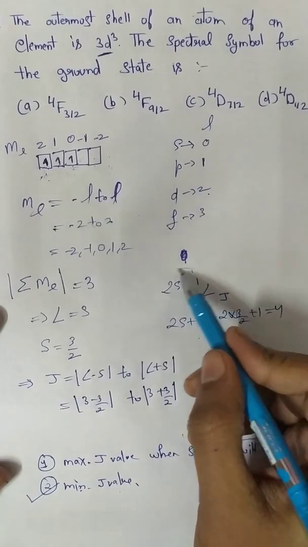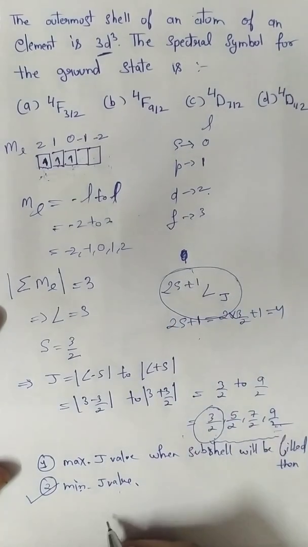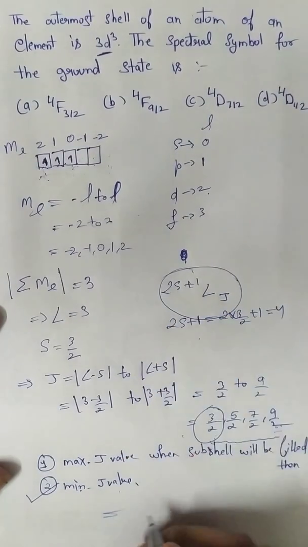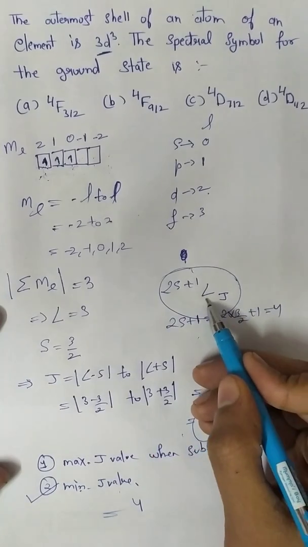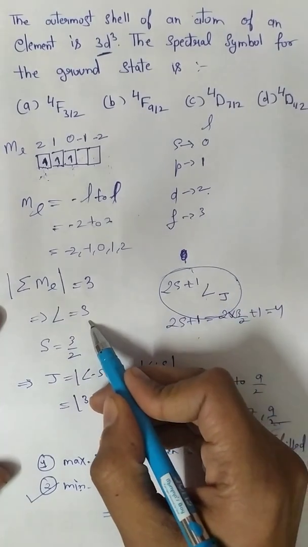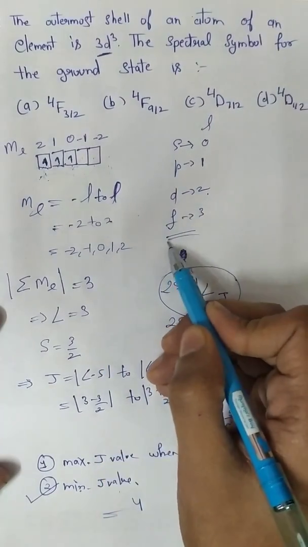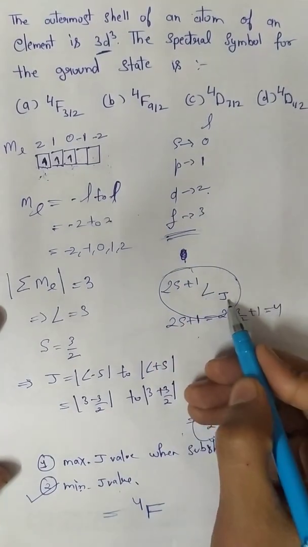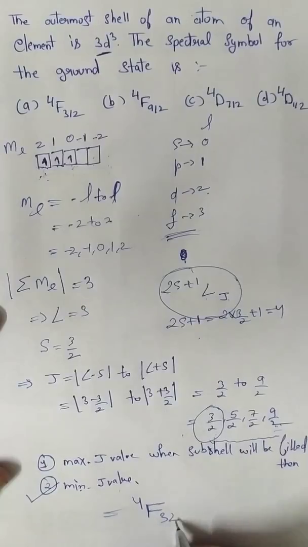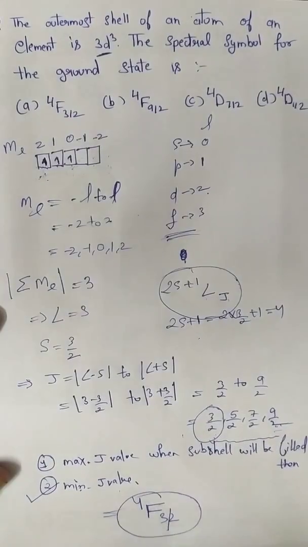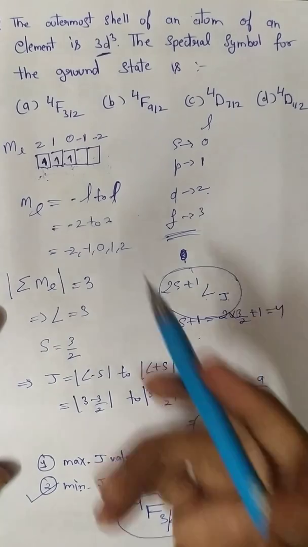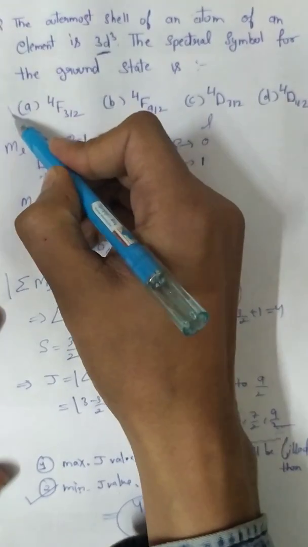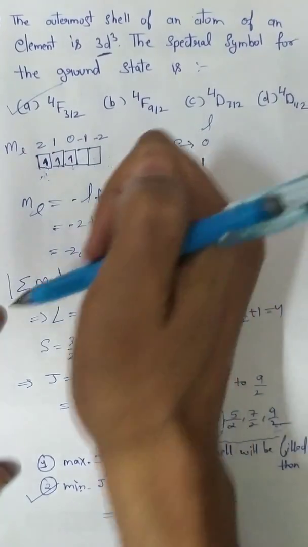So we can easily write down the term symbol: 2S plus 1 is 4, and the overall L value is 3, which means we take F in place of L. So it's 4F, and the j value is 3 by 2. So it's 4F 3 by 2. This is the term symbol for the ground state that they are looking for. So the answer is option A, 4F 3 by 2.